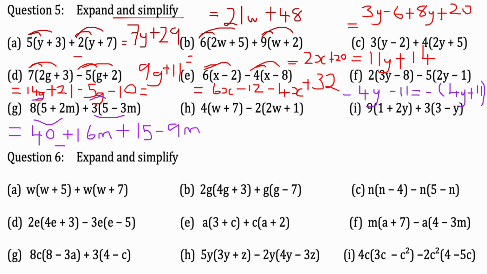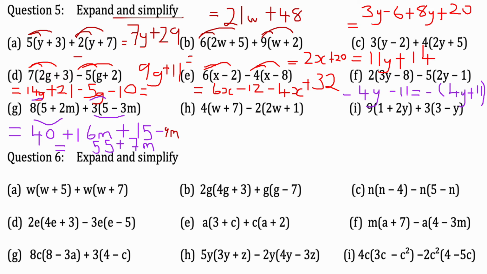Collecting our like terms, guys. So collecting all our constants and all our m terms, 40 plus 15 is going to be 55. And then 16m take away 9m becomes positive 7m. Sorry, it should be minus 9m there.